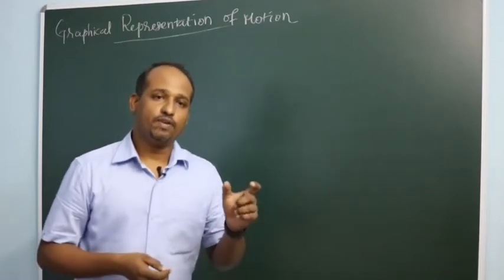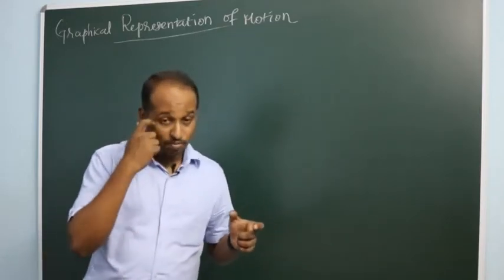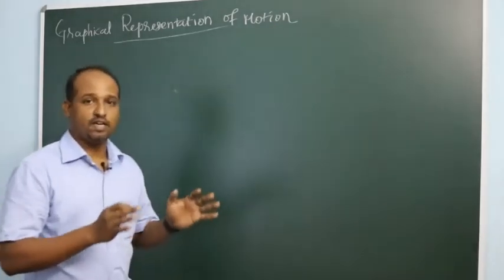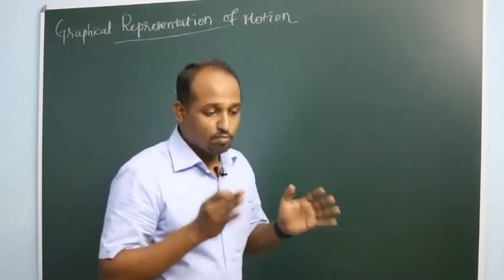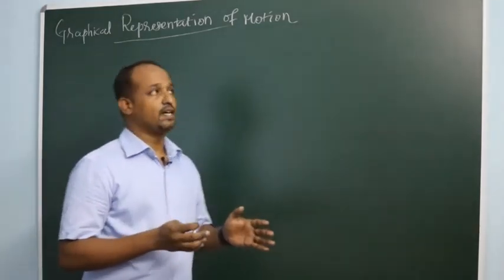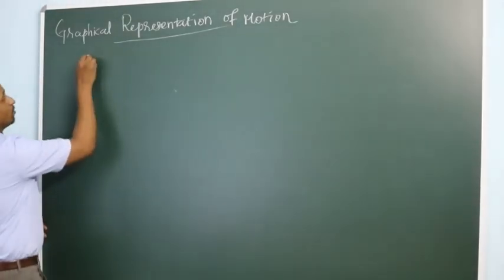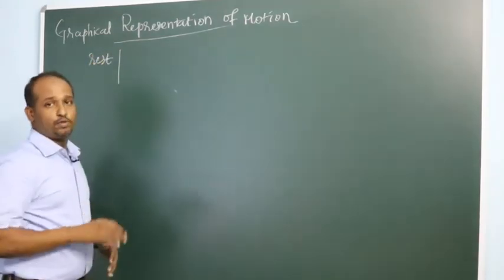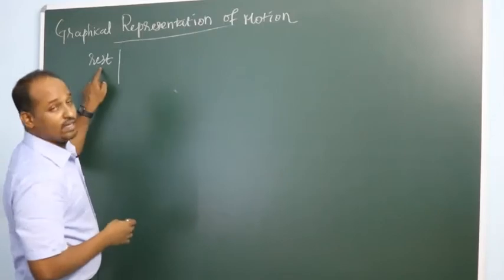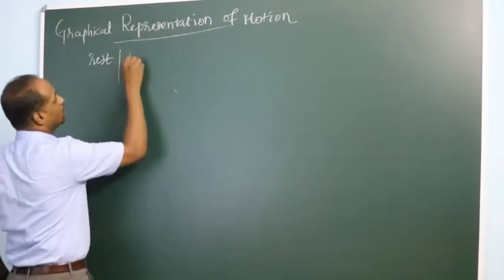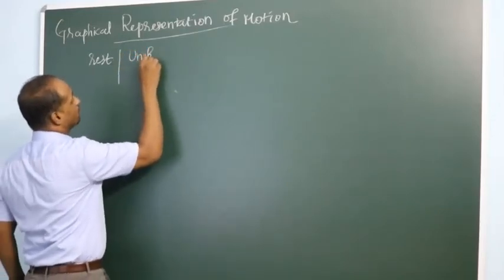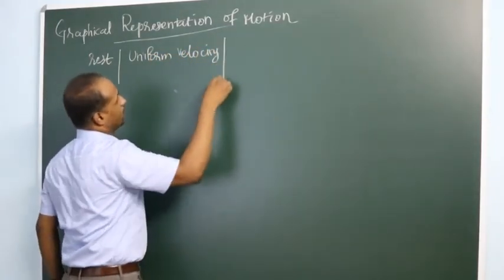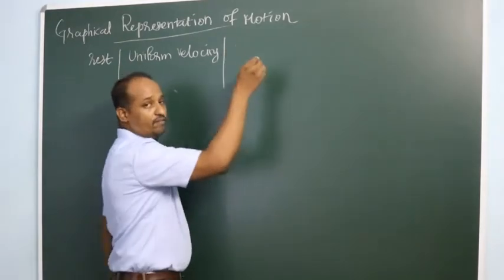Within the scope of the content, there are three types of motion you need to represent in a graph. One is rest. If you want to just talk about motion, you should know what is rest. The other one is uniform velocity, and the next one is non-uniform velocity.